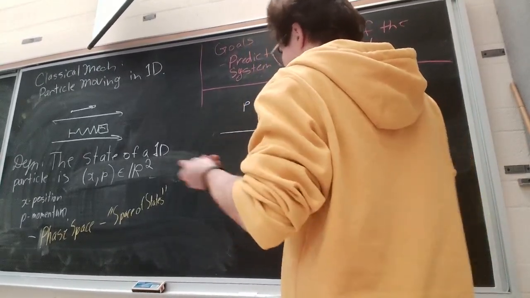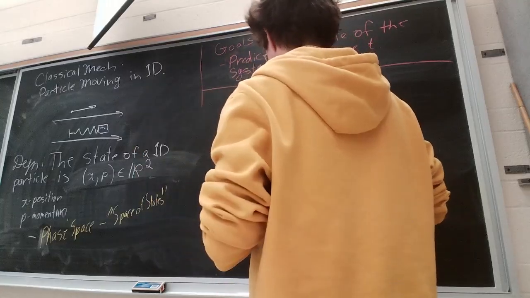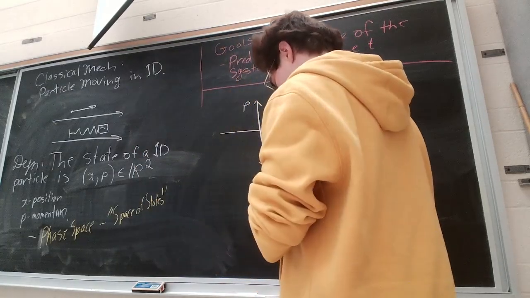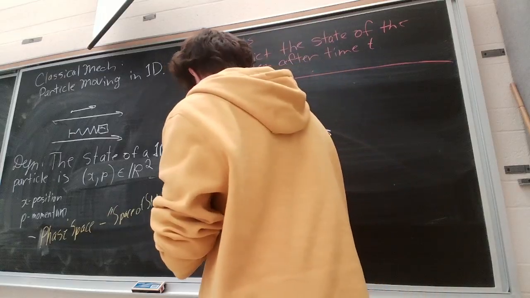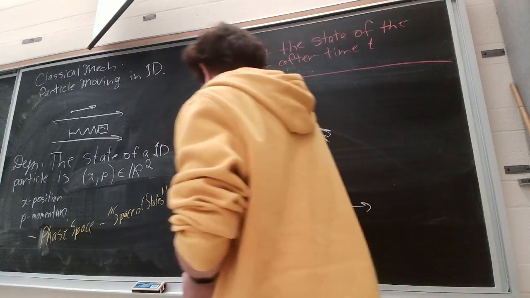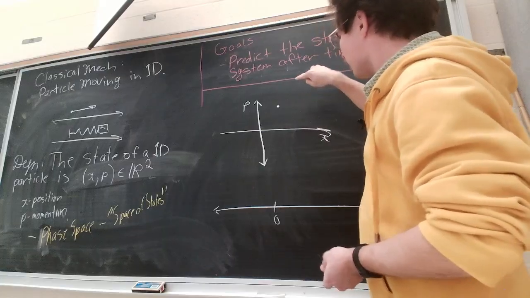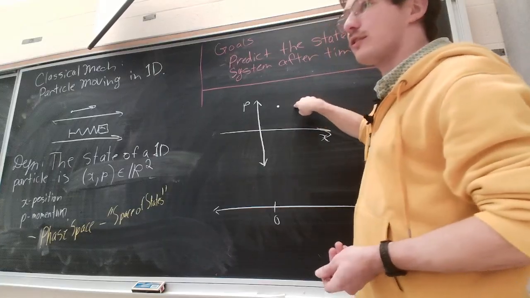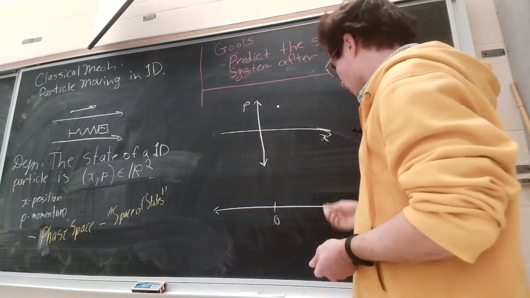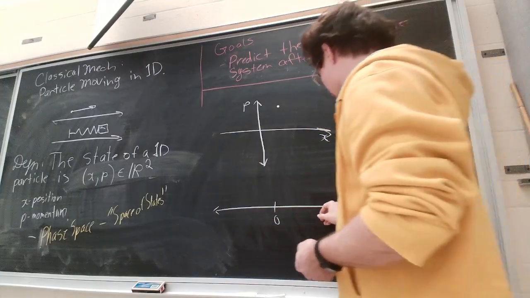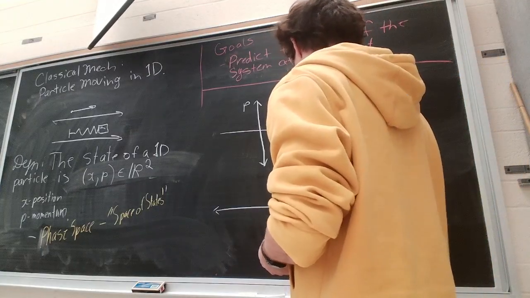Okay, so for example, I have a particle in one dimension. Suppose the origin is here. If a particle is in this region of my phase space, where is the particle on this picture and which way is it going? So it's somewhere here and it's going this way.